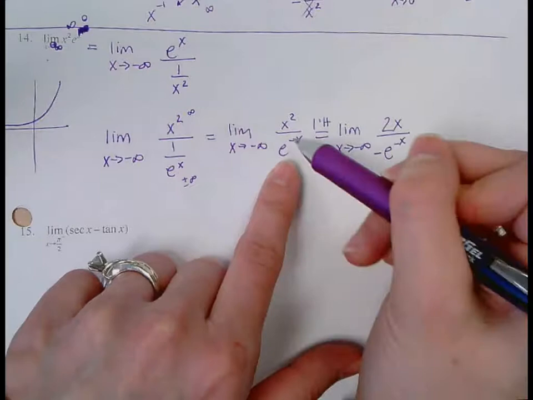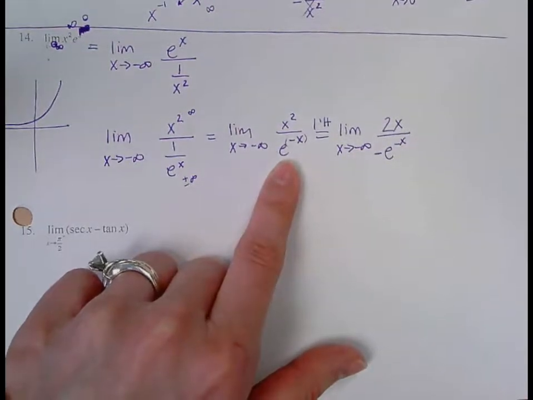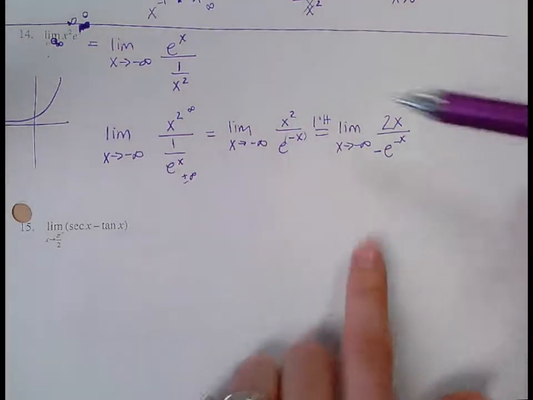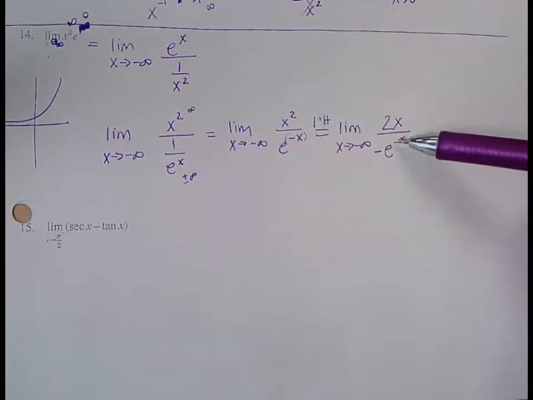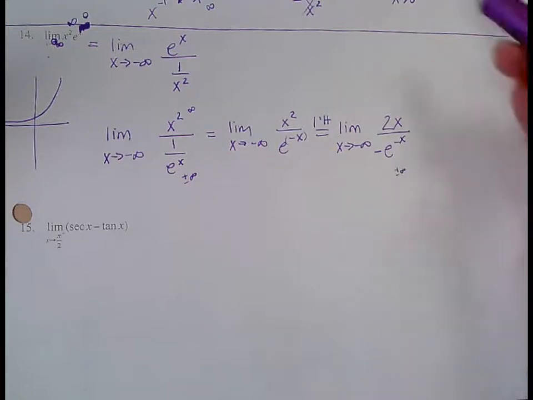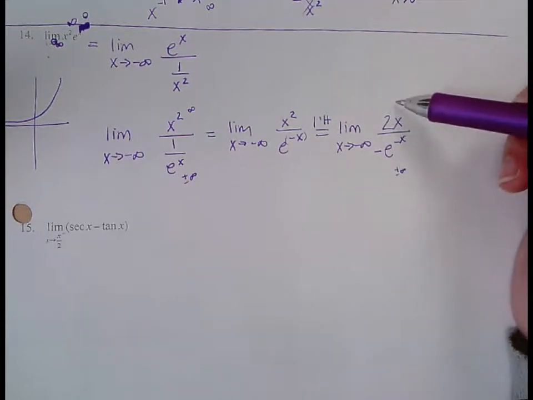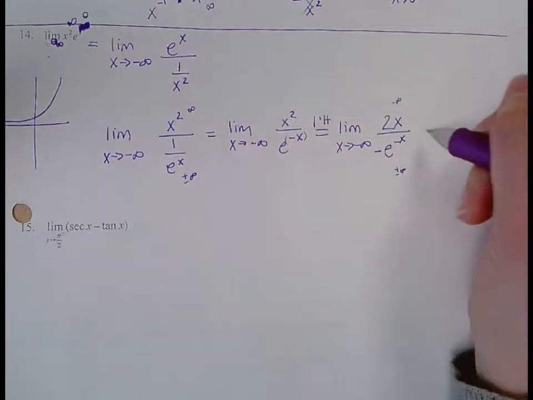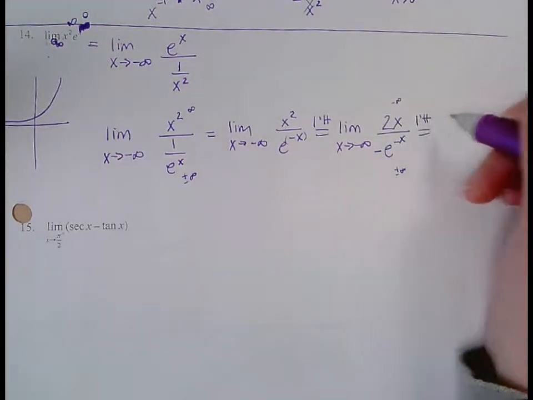You have to use the chain rule because it's not just x, it's negative x. But then we have the same ratio as before. The denominator is still going to approach infinity, and the top is still approaching negative infinity because it's 2 times a very, very large negative number, so we can apply it again.